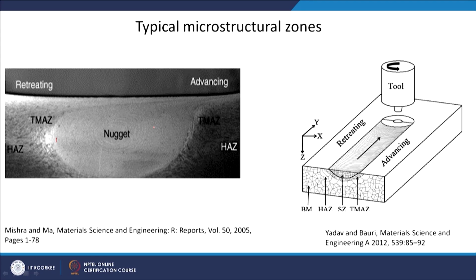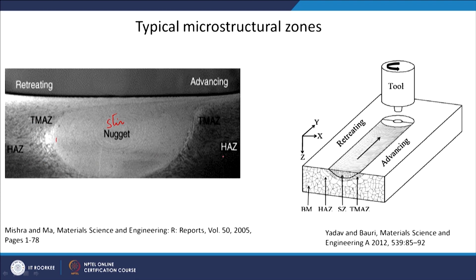This is one micrograph for that. You have the nugget zone. Of course, because it is a macrostructure, you cannot see the very fine grains inside. The nugget zone is also called the stir zone. Then you have the thermomechanically affected zone and then the heat affected zone.